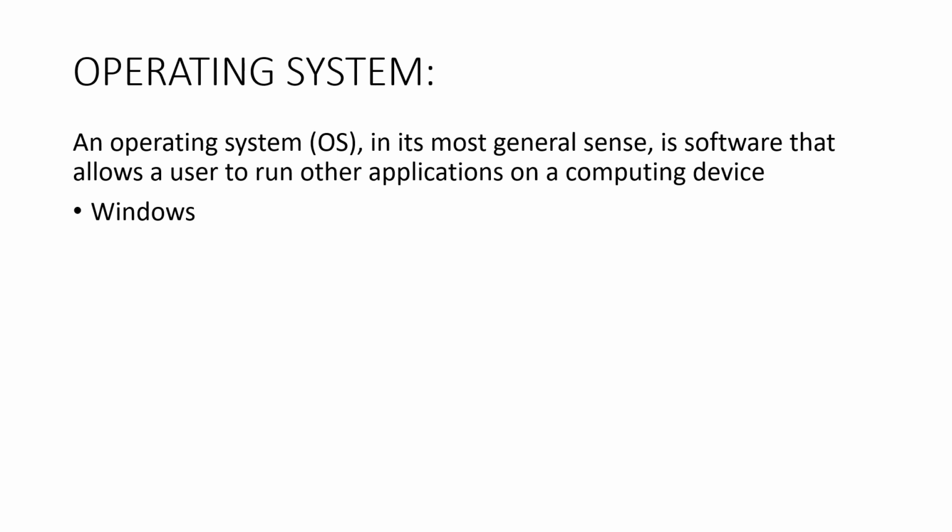To support the search engine application, we need an operating system like Windows, Mac OS, Linux, and Android. The most used operating system in our mobile phones is Android OS.